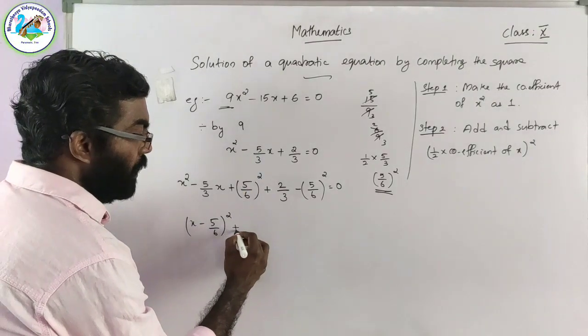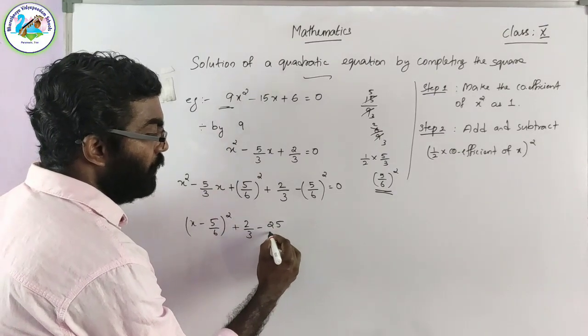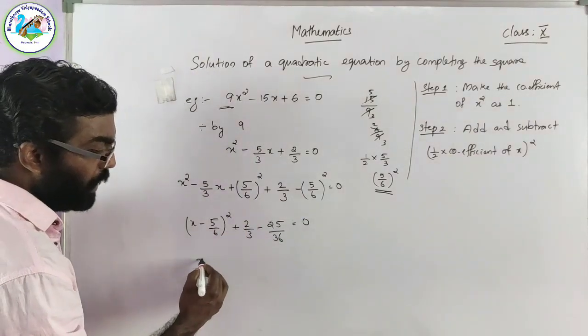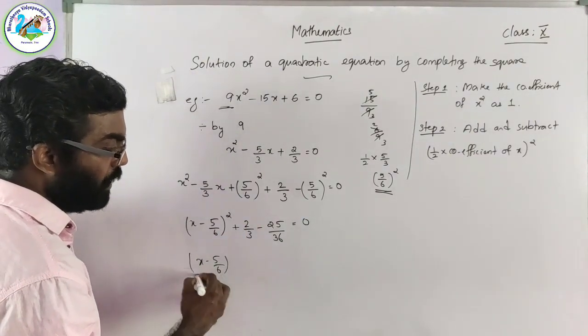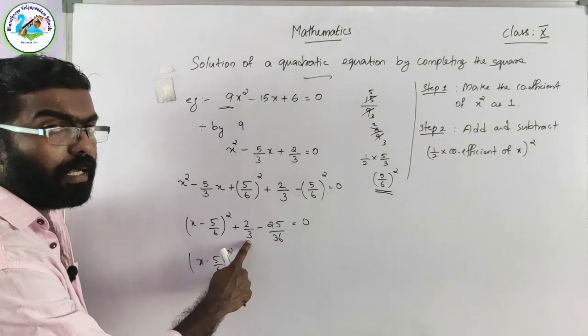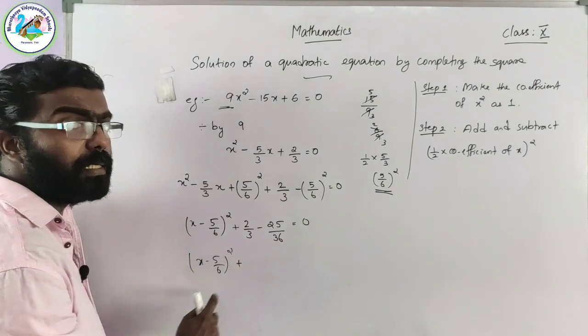Next term is 2 by 3, so plus 2 by 3, then minus 5 by 6 the whole square, 25 divided by 36, which is equal to 0. So x minus 5 by 6 the whole square, then plus, here the denominator is 3 and here it is 36. So we can make the denominator same.